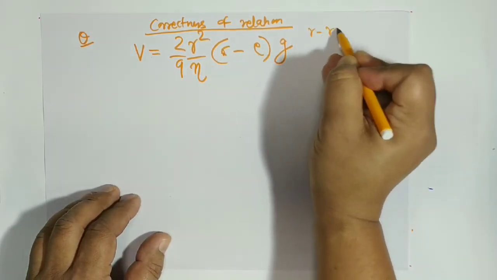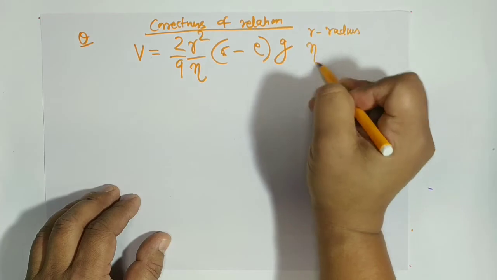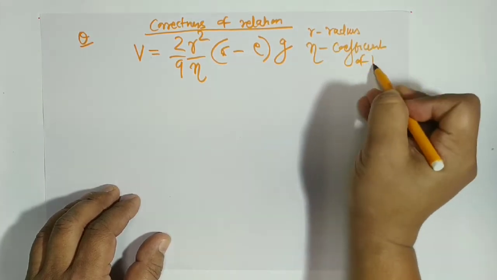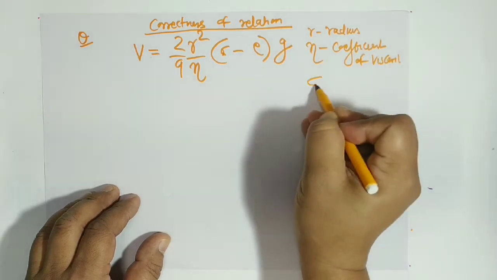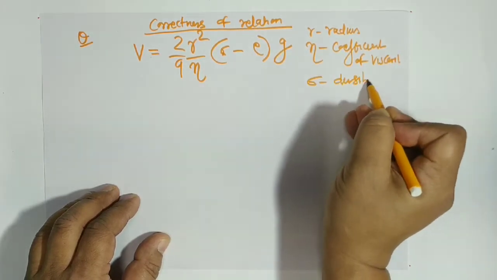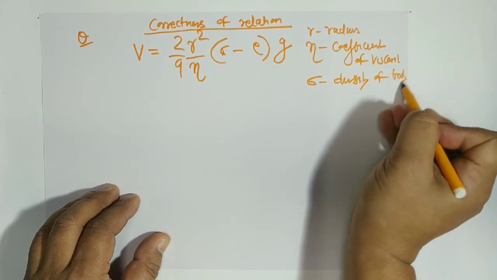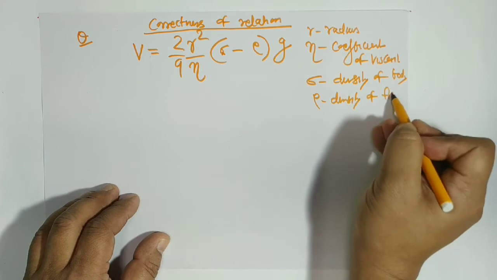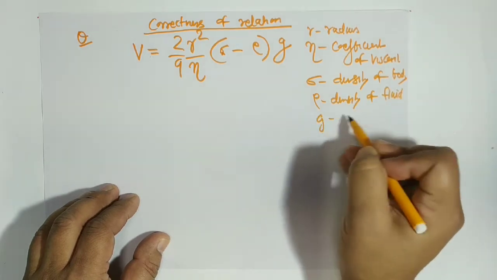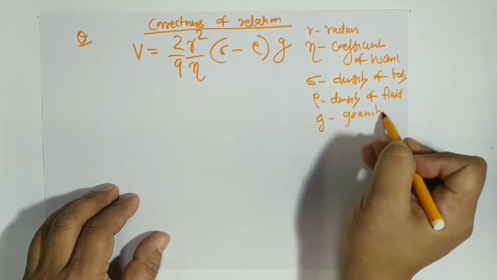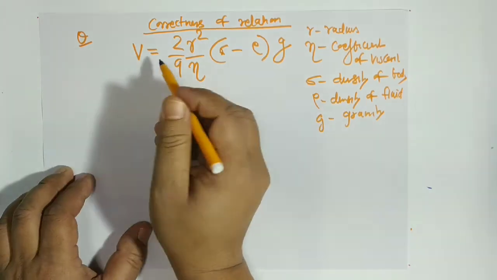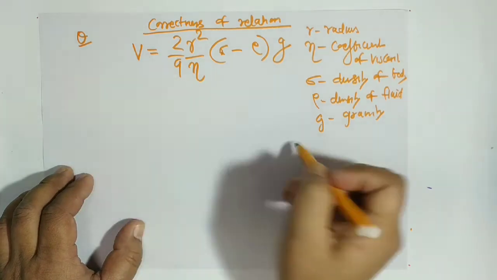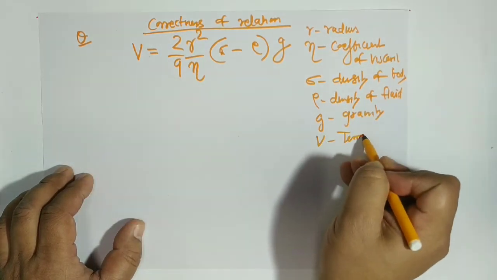What is R here? Radius. Eta is the coefficient of viscosity. Sigma is density of body. Rho is density of fluid. This topic will come in fluids. G is gravity. This velocity is the velocity of a ball when it falls in a viscous medium, like honey. This is terminal velocity. We have to check it.